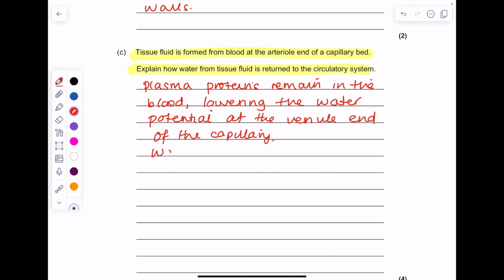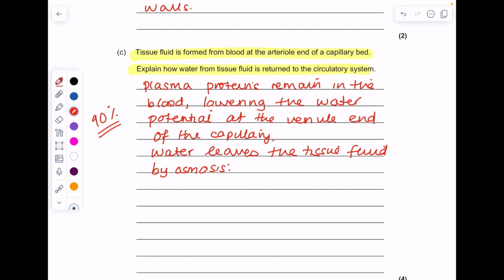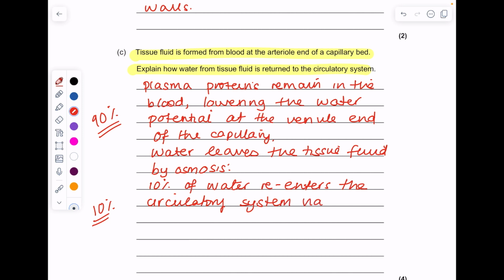So water will leave the tissue fluid by osmosis. Remember though that this accounts for 90% of the water. 10%, remember, entered the lymph, and at the latter end of the lymph system that water is then returned to the blood. So don't forget to add that point. 10% of water re-enters the circulatory system via the lymph system.